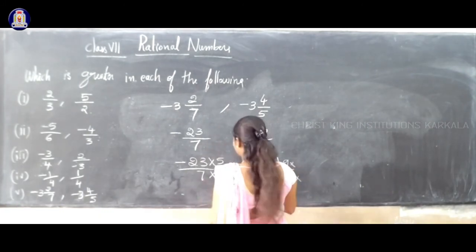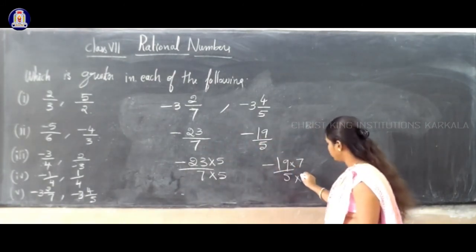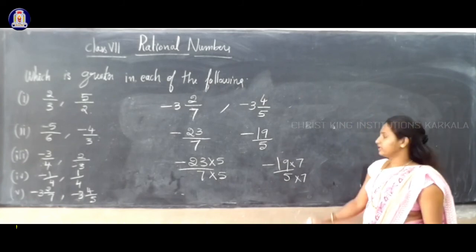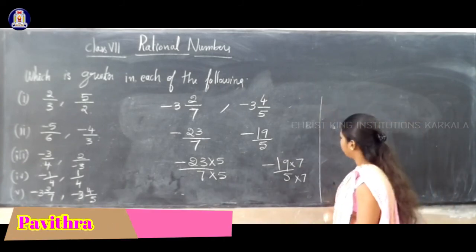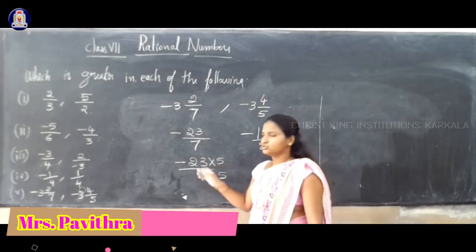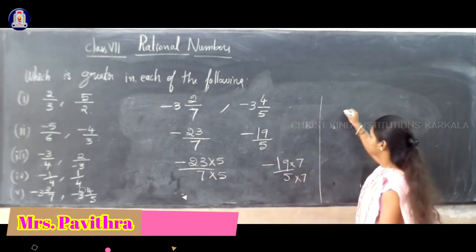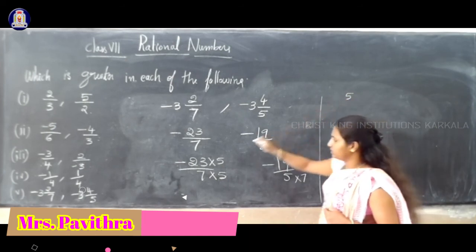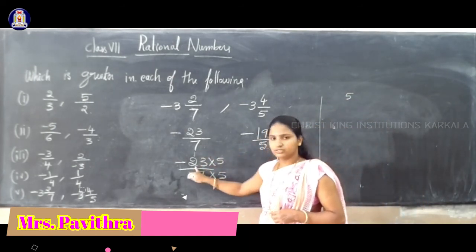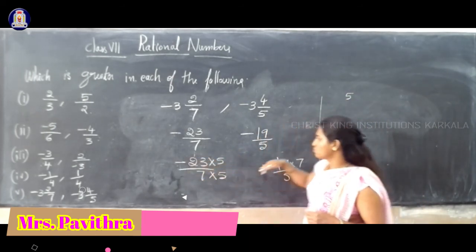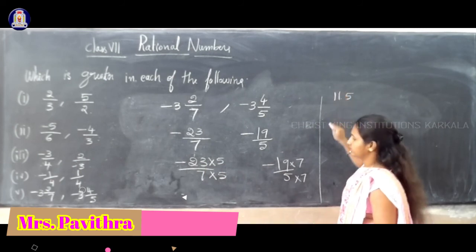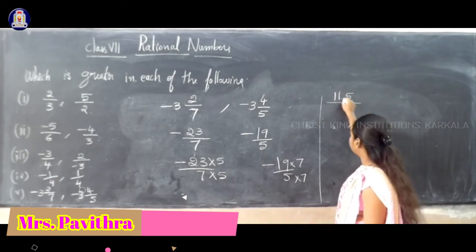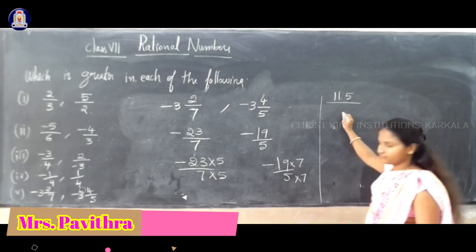Here you multiply 7 and you also multiply 7. So now if you multiply, we get 23 5s are, what is 23 5s are? 5 3s are 15, one remaining. We get 5 2s are 10, 10 plus 1, that is 11. So 115 by 7 5s are.